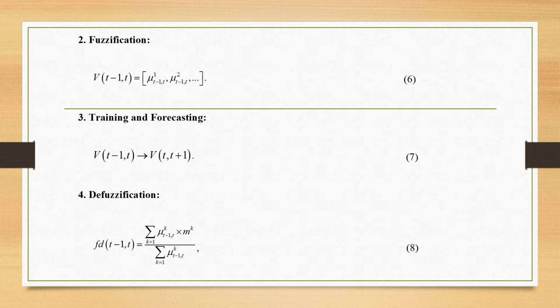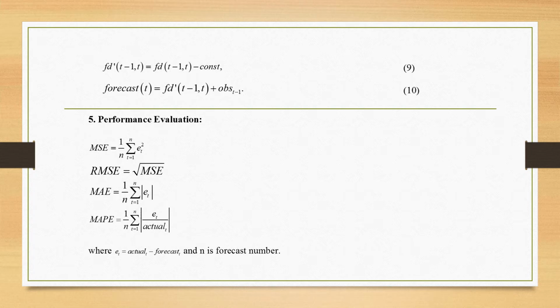Mu k t minus 1 t represents the forecasted degrees of membership, and mu k denotes the corresponding midpoints of the interval mu k t minus 1 t. Once the forecasted differences between t minus 1 and t are obtained, the forecast for t can be calculated as follows in equation 9 and in equation 10.